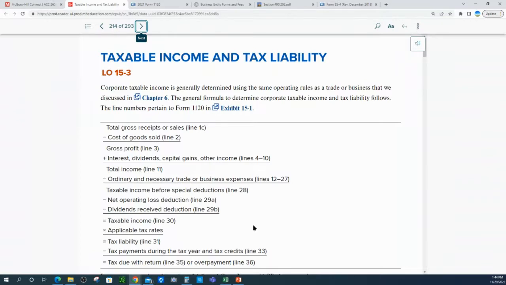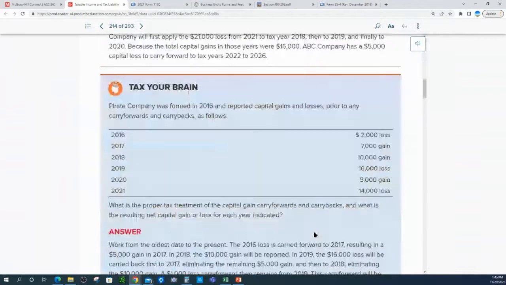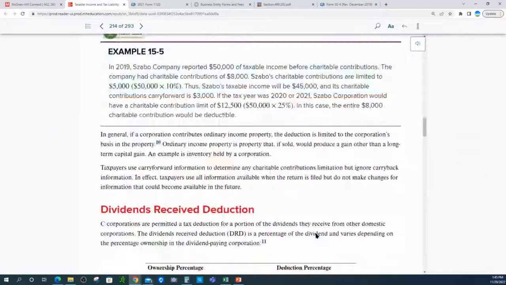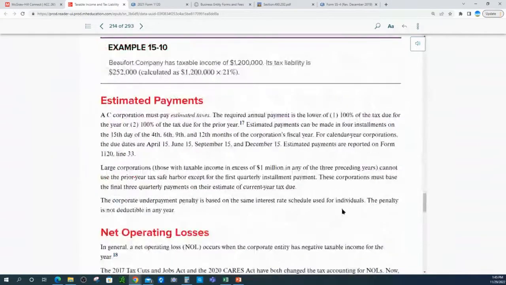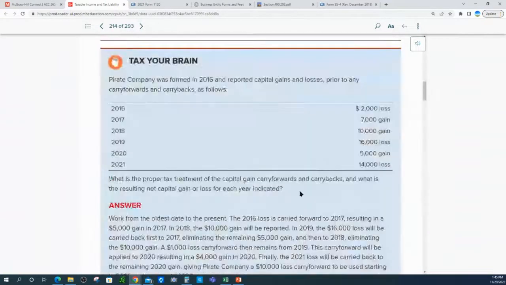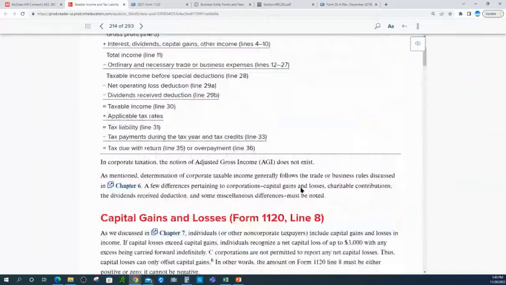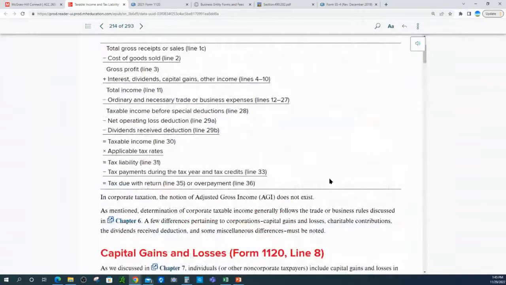Okay, these special deductions are different for corporations than they are for individuals or partnerships as well. A couple of them: net operating loss deduction, which we'll talk about down there.